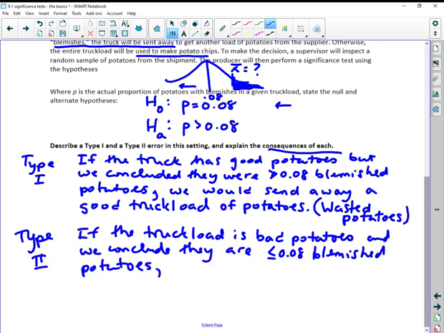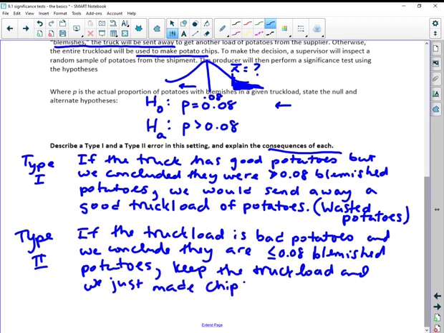We're going to keep the truckload, and we will probably make chips out of these potatoes, and we just made chips with bad potatoes.